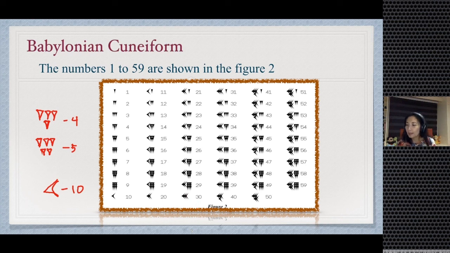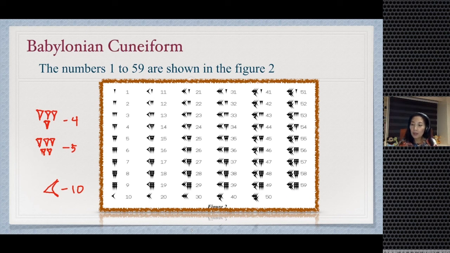Next, until number 59 only. Why? Until number 59, which consists of 5 horizontal wedges and 9 vertical wedges. Why is it that we can use it until number 59 only?